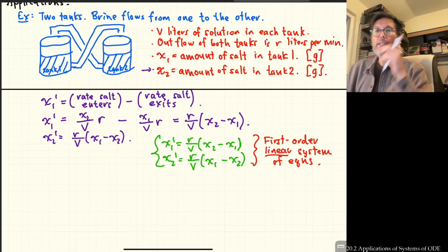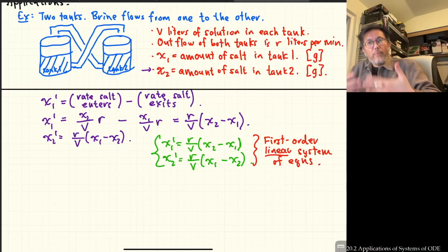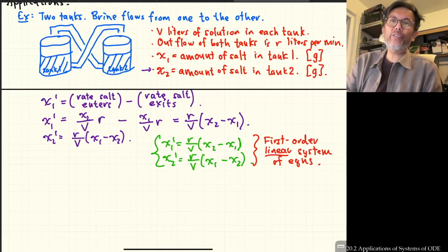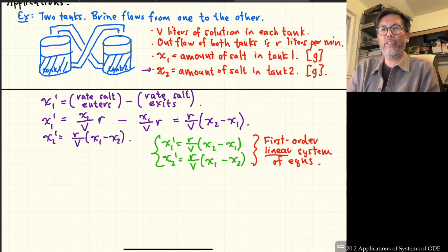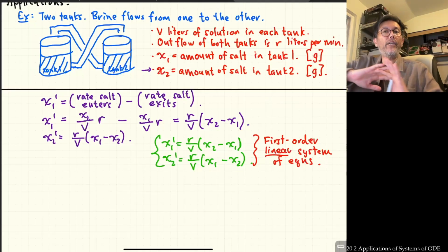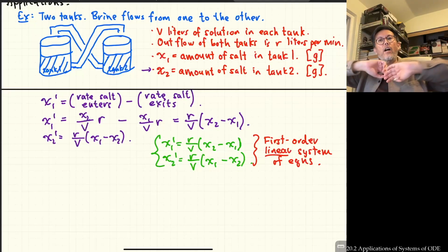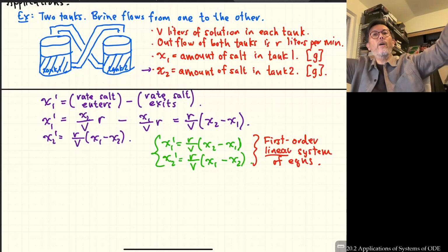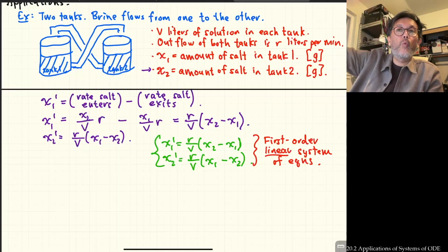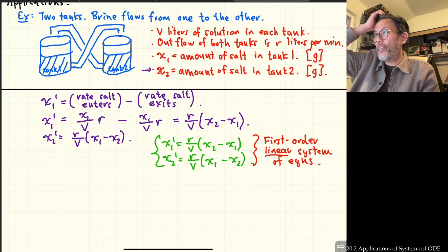Now, one might ask, what's the solution to this? What is x1 and x2? I won't answer that question now. We'll learn techniques to do that. But one could probably, through common sense, figure out some things about what should happen in the long run, the long-term equilibrium solution, when we go way far out into the future.